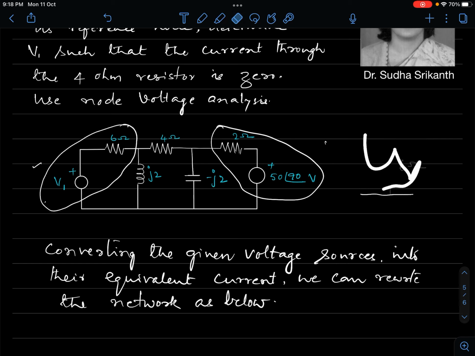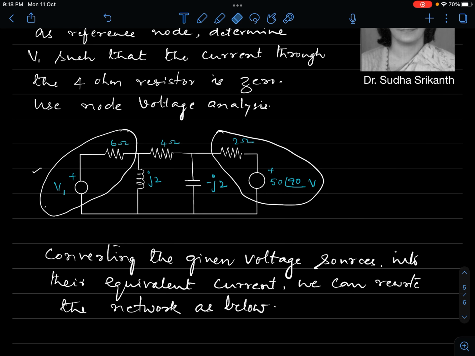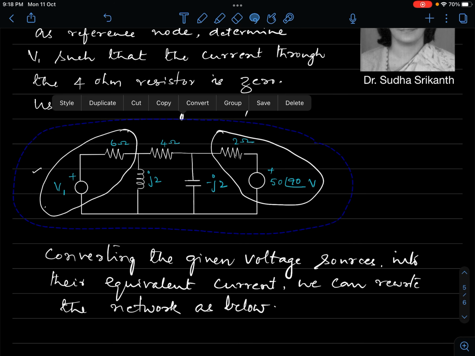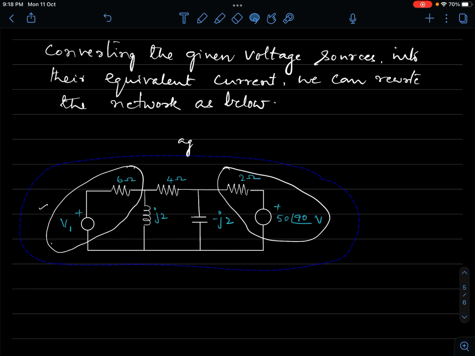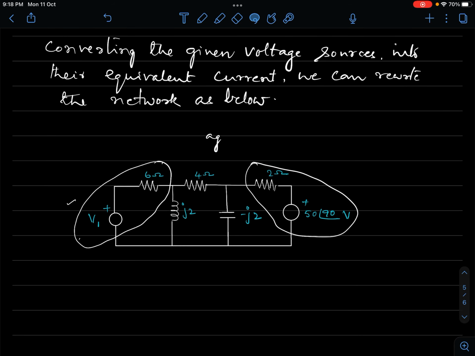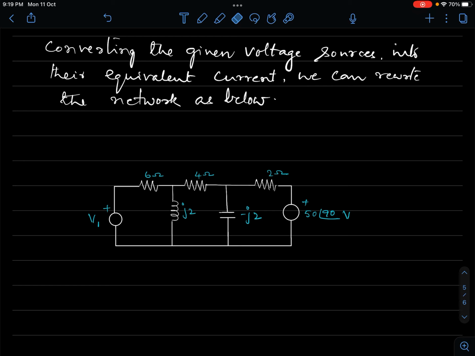I will erase this part and we will rewrite the network. So how will the network be? I will copy this figure so that I save the time of rewriting the network. I'll paste it, but I will have to do some adjustment. I'll do it quickly.